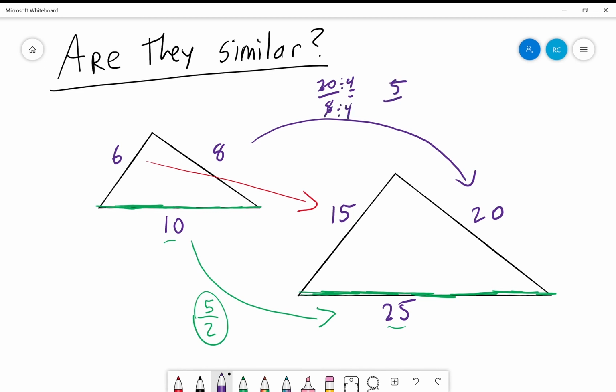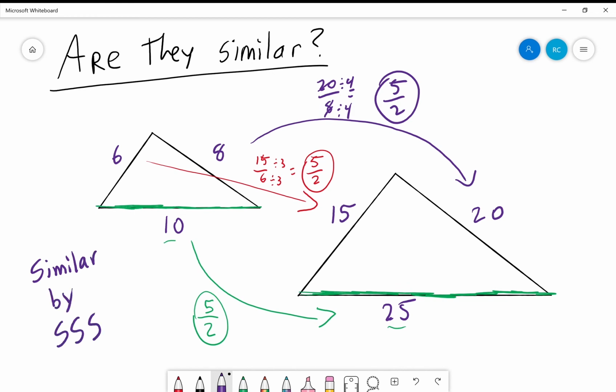So we get, again, 5 over 2. How about this other one? We get 15 divided by 6. Well, they're both divisible by 3. So we get 5 over 2. So yes, these triangles are similar by side, side, side.